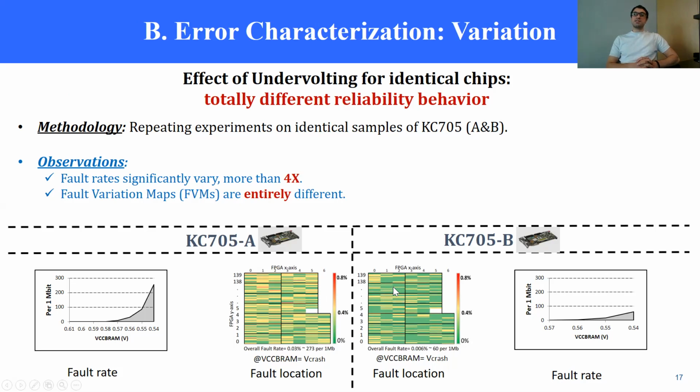The message of this slide is that any fault mitigation technique that tries to exploit this kind of map to minimize the effect of these errors should be chip dependent, because the behavior is completely independent between different chips, even if the chips are identical from the same family.